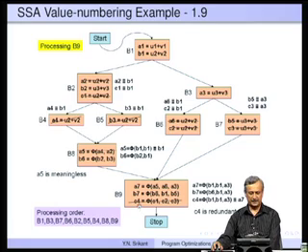When we come to B9, A7 is a Phi function with A5, A6 and A3 as parameters. So, A5 is same as B1, the first parameter is B1. A6 is same as B1, second parameter is also B1. A3 is A3, there is no change.